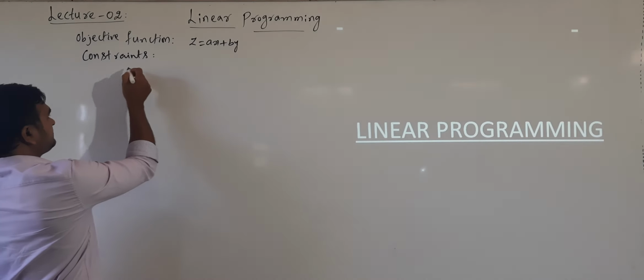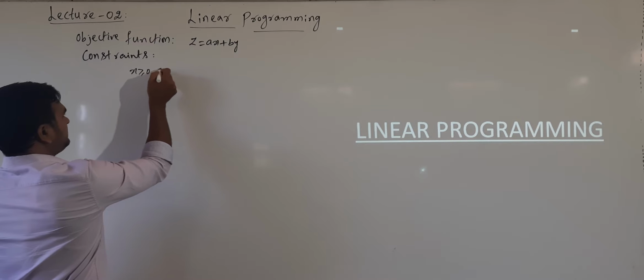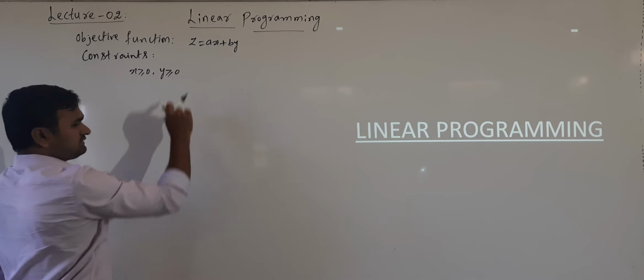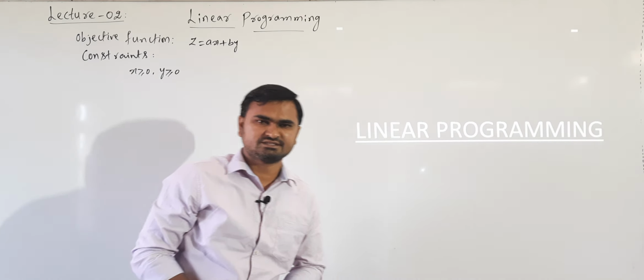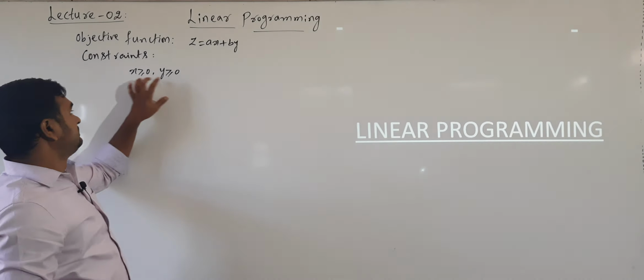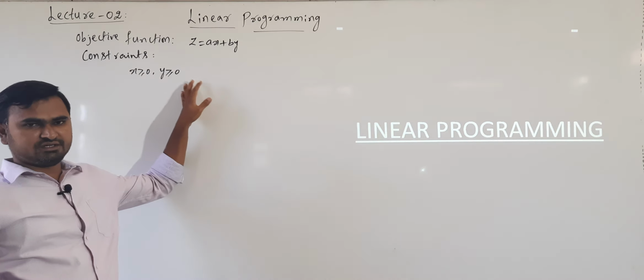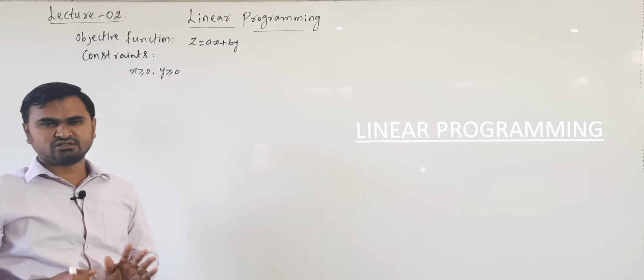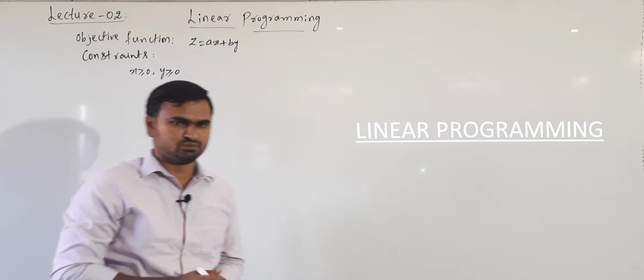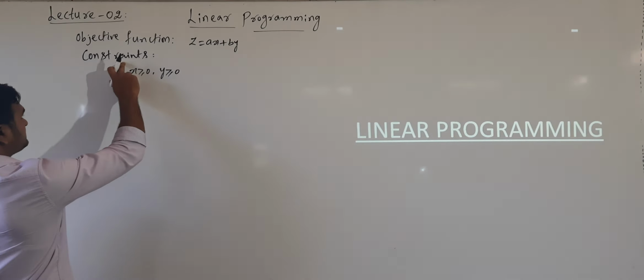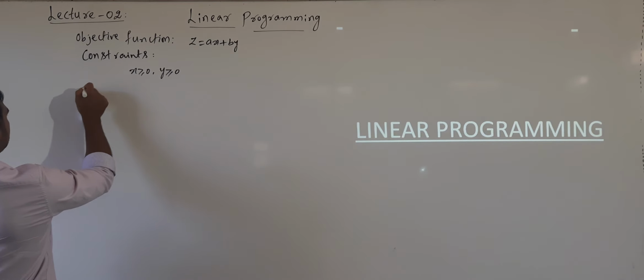Now here x ≥ 0, y ≥ 0 are called non-negative constraints. All the problems we are going to discuss here have non-negative constraints. x and y should be positive because the number of units we are going to consider can never be negative. So these are constraints.